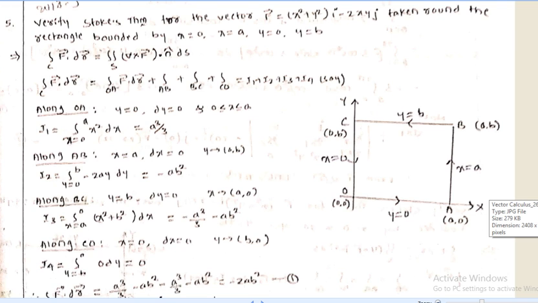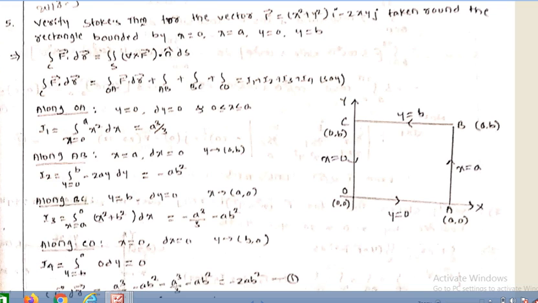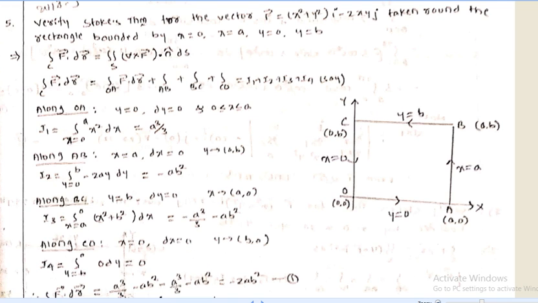So now integrate y from 0 to b by substituting x = a and dx = 0. The first term is (x² + y²) dx and the second term is -2xy dy. Our dx is 0, so the first term is 0, and we use only the second term, where x is a. So the function is -2ay dy, and its integration is -a y², and with the limiting points we get -a b².